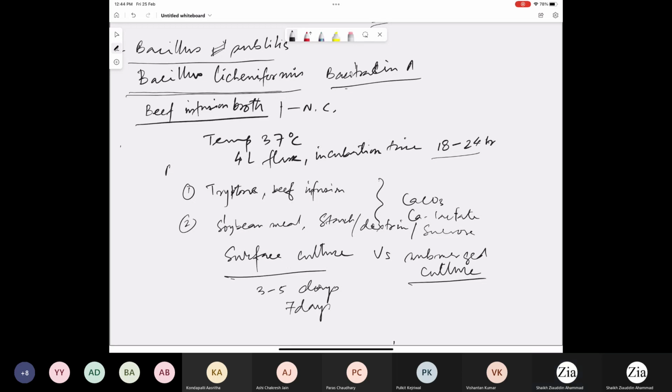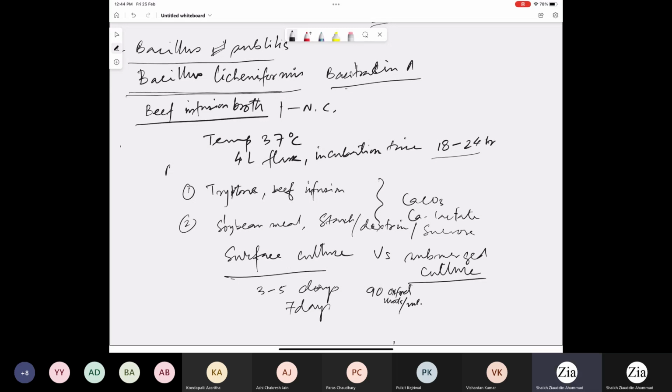And when you talk about the yield, the maximum yield could be around 90 Oxford units per ml. That is the maximum yield you can get after spending 7 days.